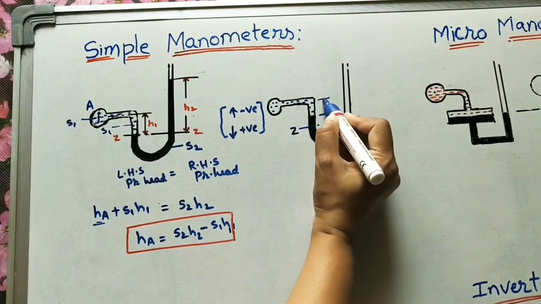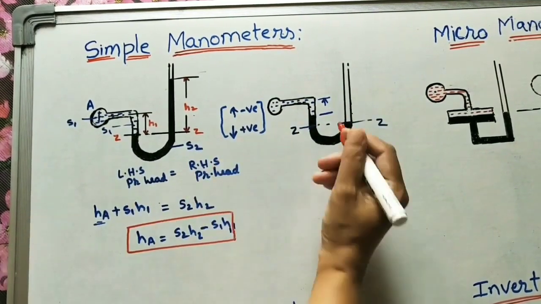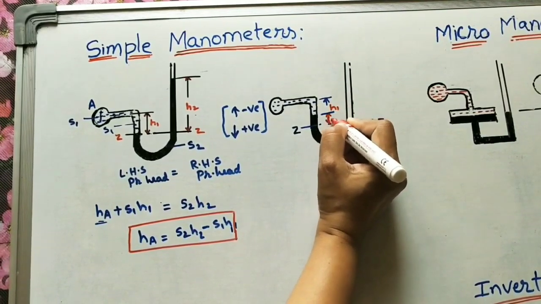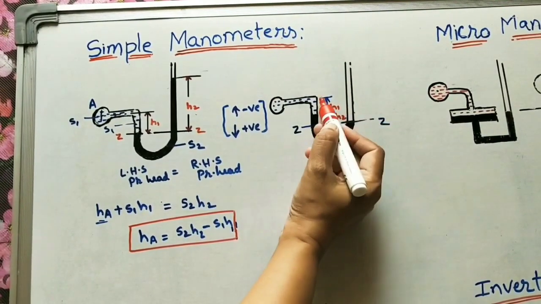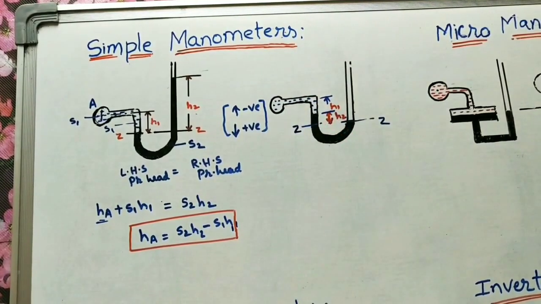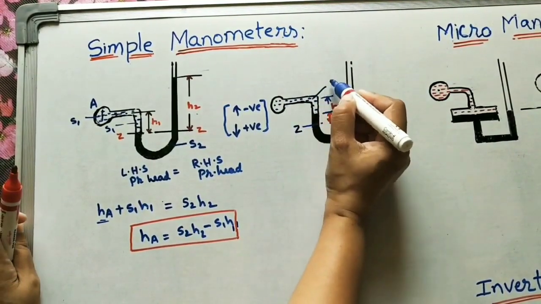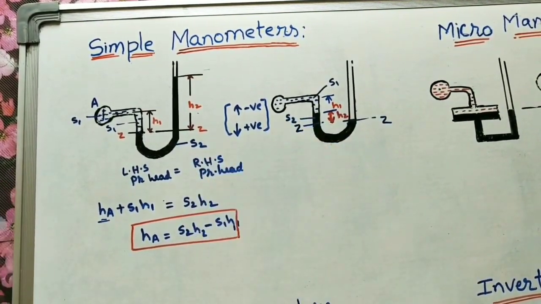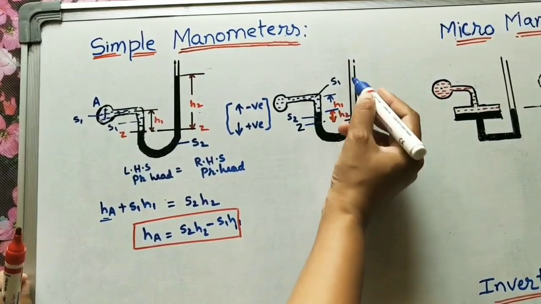Let us take this as H1, and the next height as H2. Two heights are there: the height of whatever liquid is there, and then the mercury height. Let us take the specific gravity S1, and this is H2. There is no height on the right hand side.